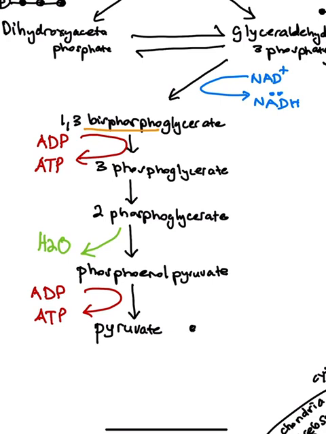Now, pyruvate is still 3 carbons big, just as all these molecules in this sequence ahead of it. And it will go next to the prep reaction of cellular respiration.